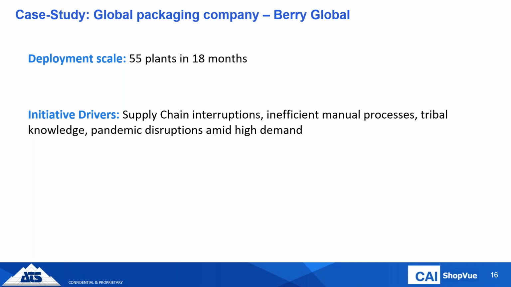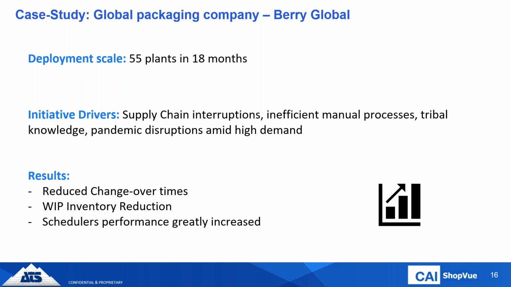As you can see, in an 18-month period, we took 55 plants live. And as a side note, that was on time and under budget. And so when you look at that with so many plants, even a 1% improvement in efficiency would be absolutely massive.